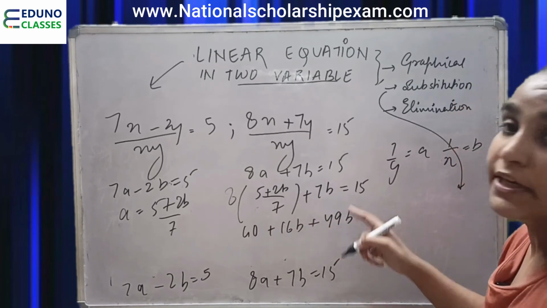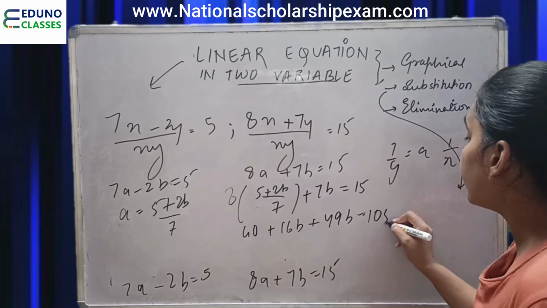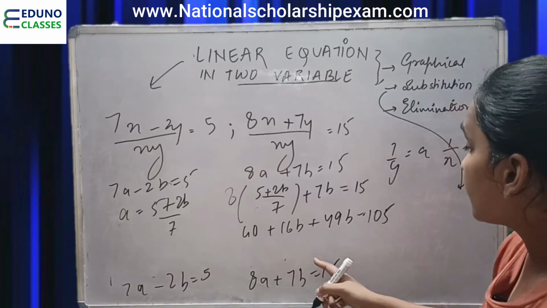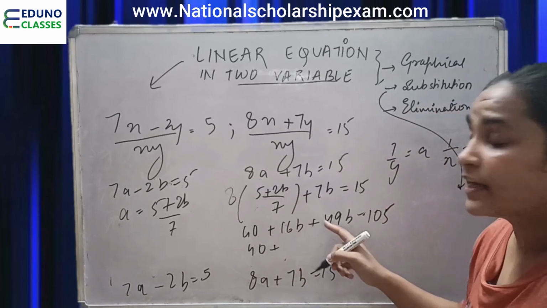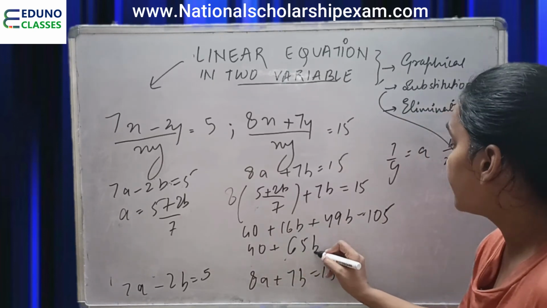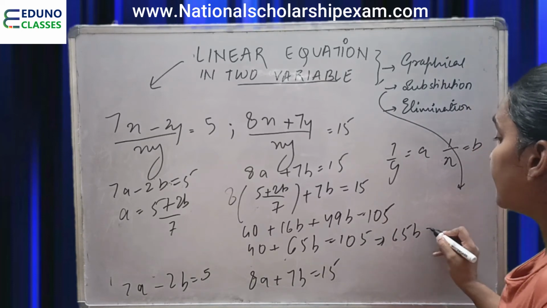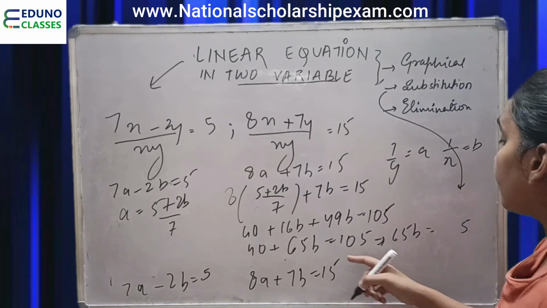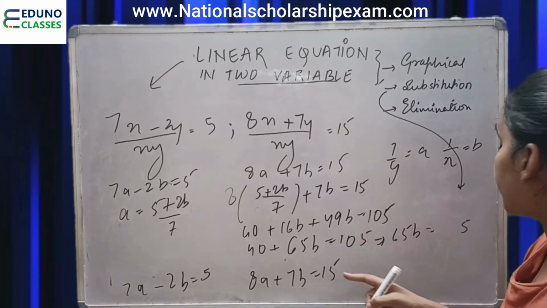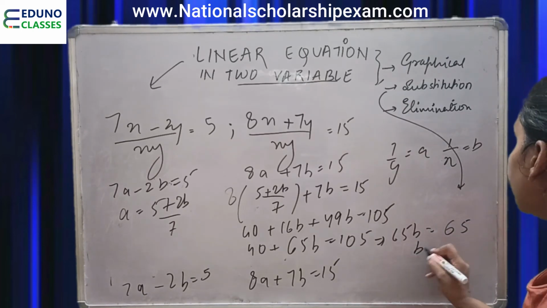And 15 into 7 will go here. What is 15 into 7? 105. Okay, so 40, 49, 59, 65b is equal to 105. 65b is 105 minus 40. 105 minus 40 will give 65. So b is 1.